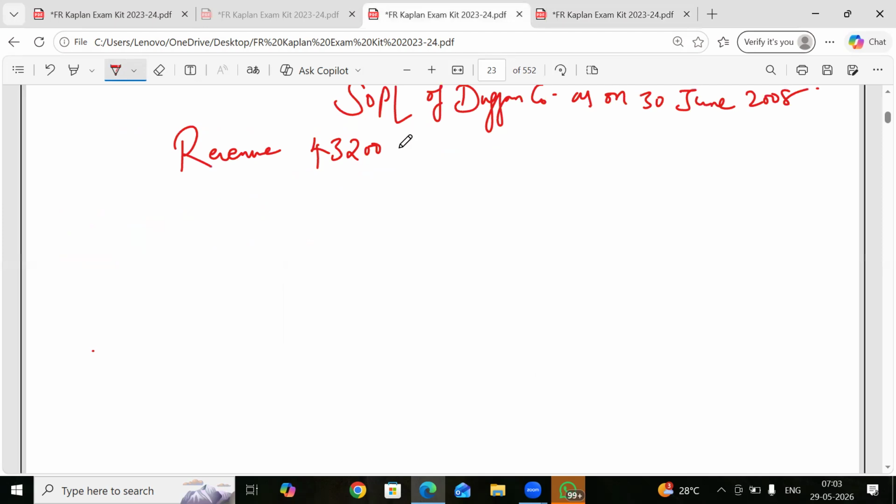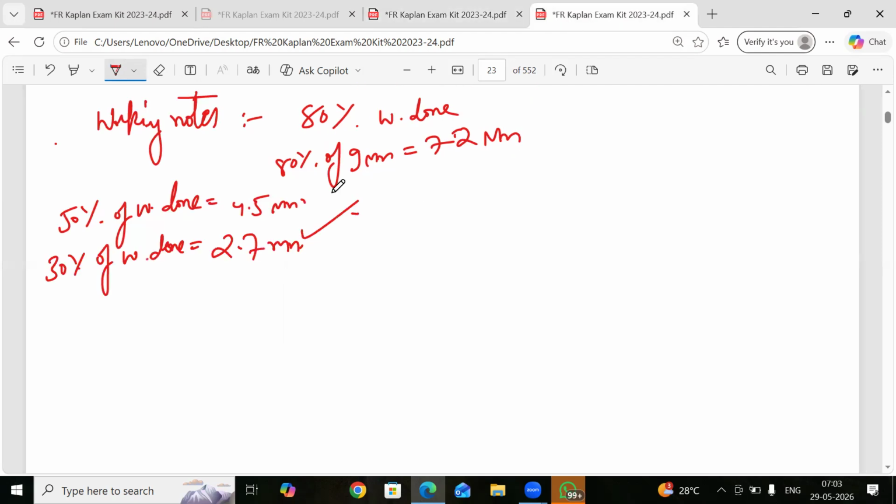Plus 2,700 for work done. So the whole figure becomes 7.2 million. That is till date, because 80% of the work is done. The rest of the 20% work is still left over. That is 1.8 million, that they will do over a period of time.